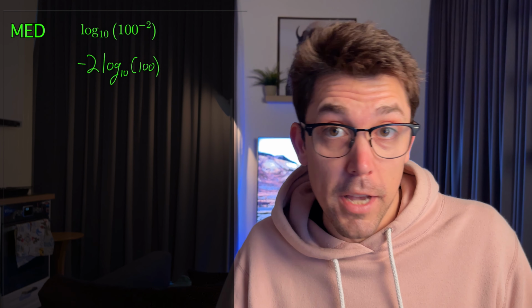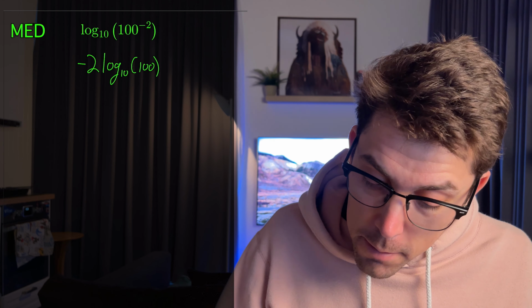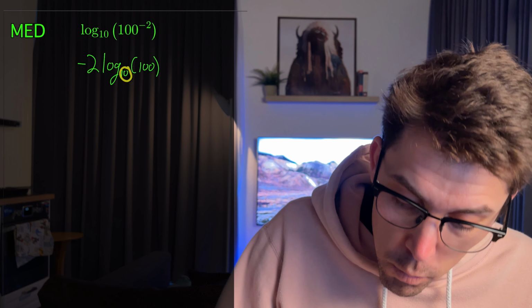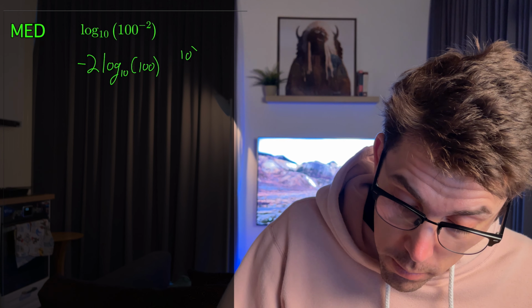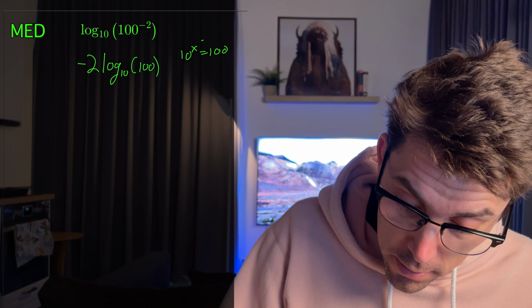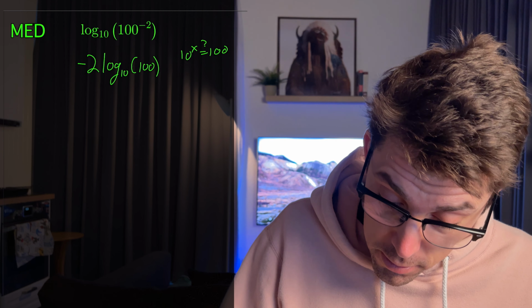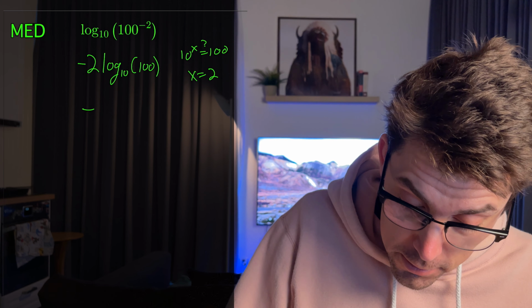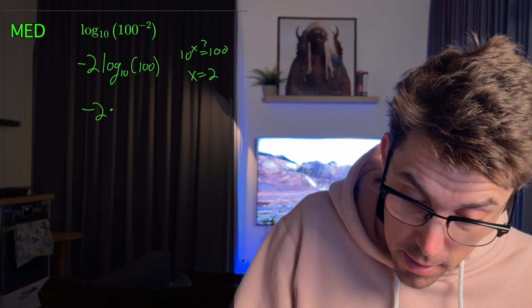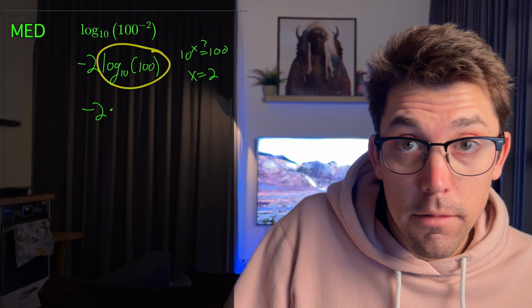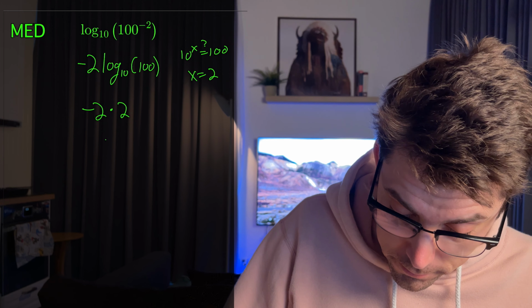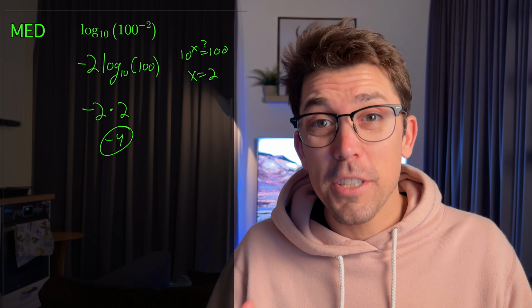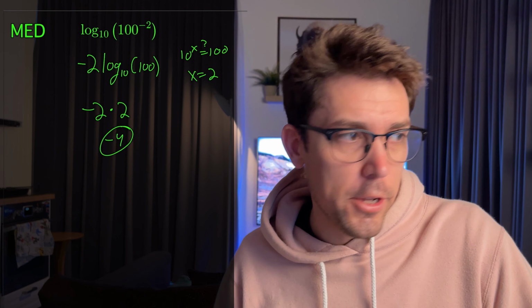I know there's no equal sign or variable over there, but still the idea is, what power do you raise 10 to get 100? Well, 10 squared is 100, so x is just going to equal 2. So I'm going to have negative 2 times 2, which is negative 4.